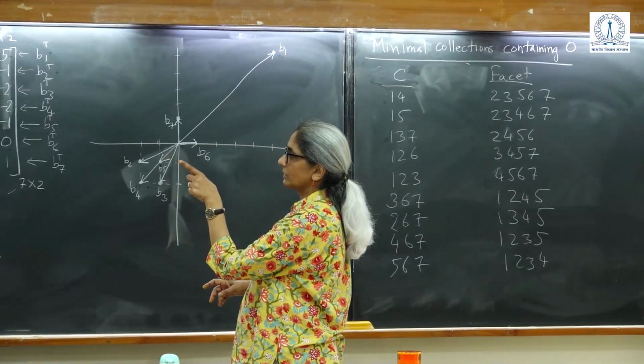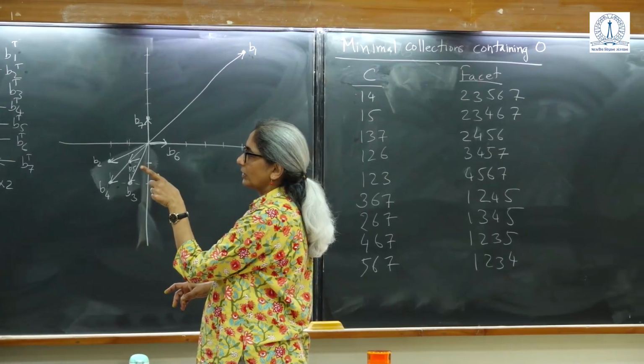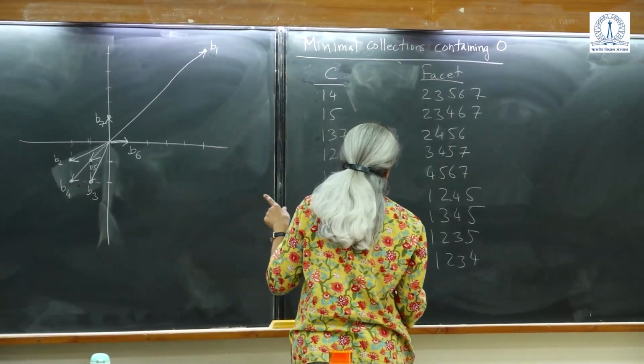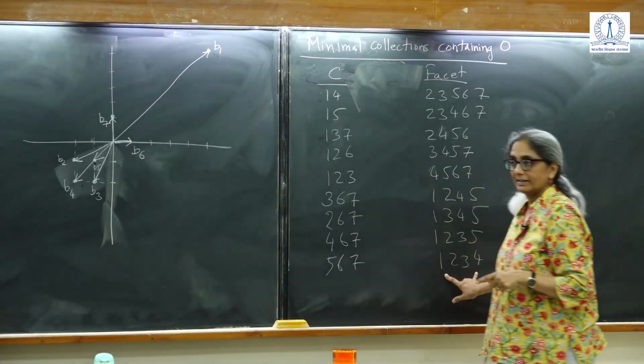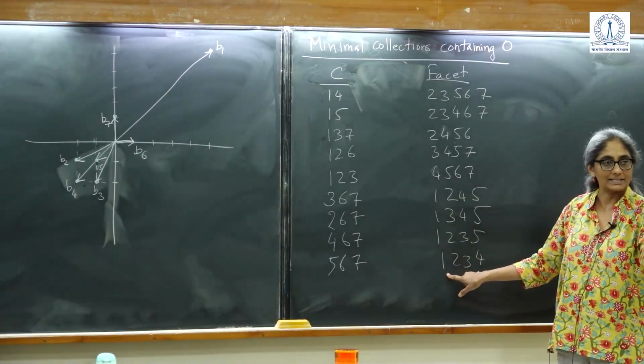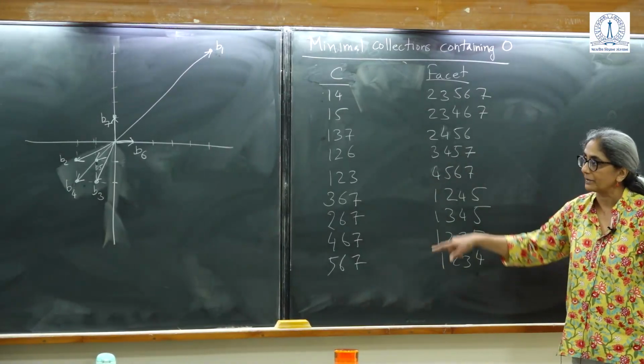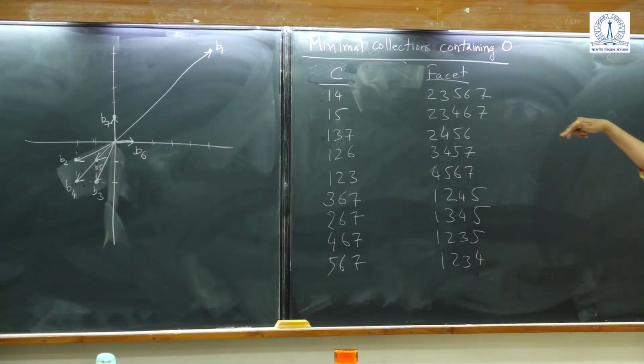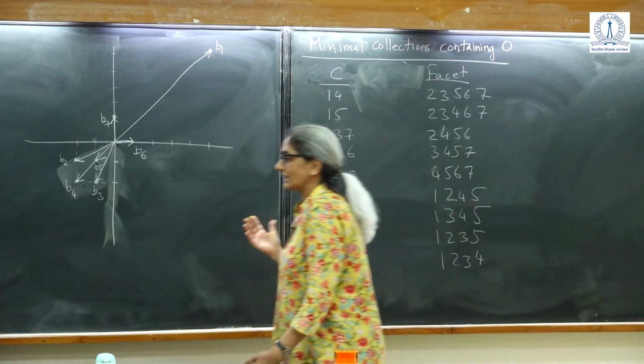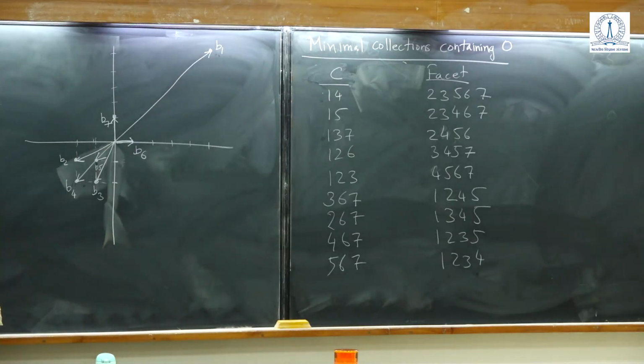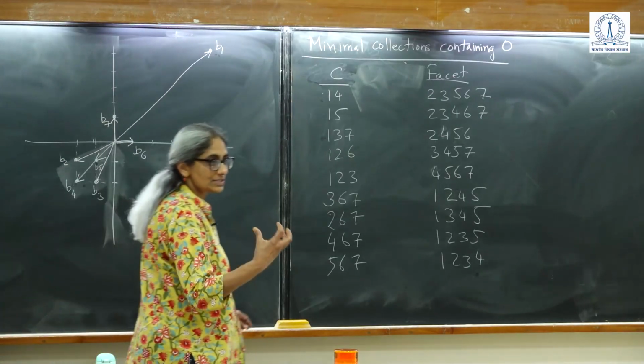For example, 1, 2, 3, 4 is one of these coordinate planes, made up of the first 3 vectors. It's the plane where x4 is equal to 0. Anyway, it's nice. You can calculate these high dimensional things without being able to see them.